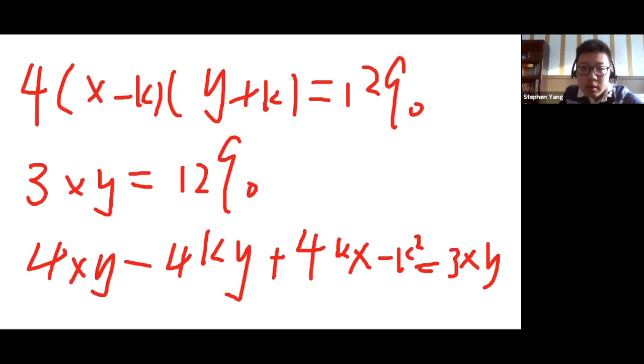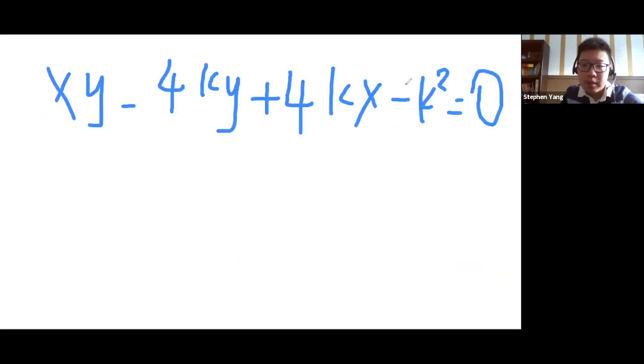Oh, sorry, I just made another mistake here. This should be minus 4K squared. There we go.